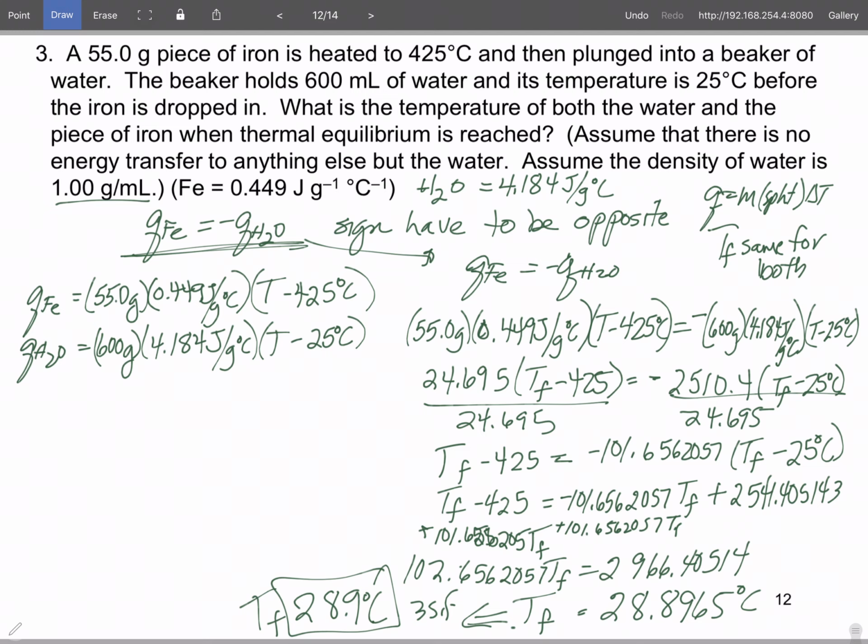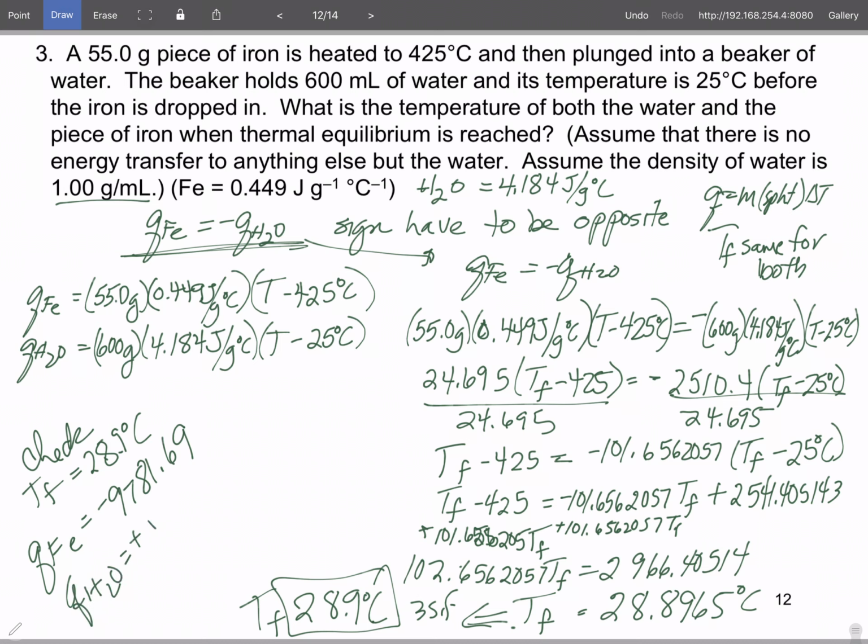Now, the beauty or ugliness of this is you can check it. So if I plug it back in using the T final as 28.9 degrees C, then the Q of iron, I end up with negative 9781.69, and the Q of water is equal to positive 979056.